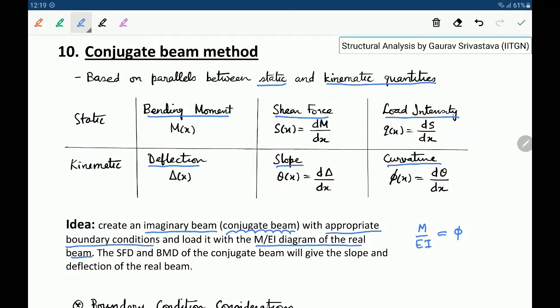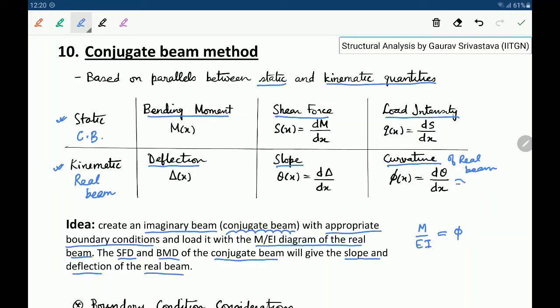Now, once we create such a beam, then the shear force and the bending moment of the conjugate beam give the slope and deflection of the real beam. So if we are interested in kinematic quantities of the real beam, we are converting that problem to finding static quantities of the conjugate beam. What we are doing is calculating the curvature of the real beam.